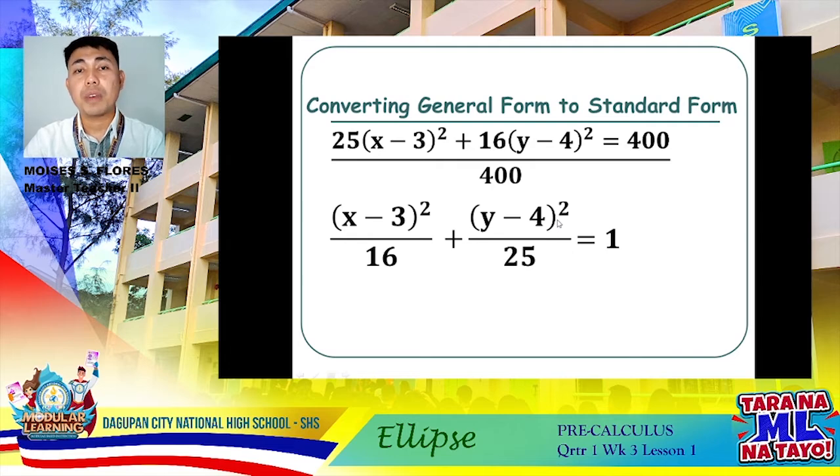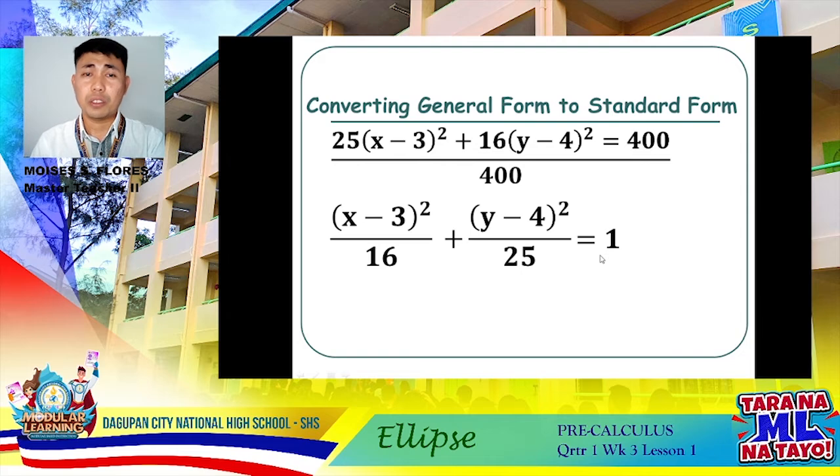Okay, and factor out your perfect square trinomial, and of course your standard form should always be equated to 1, so divide both sides with respect to your constant and get the lowest term. And of course the standard form is equated to 1. Okay, this is now our final answer.